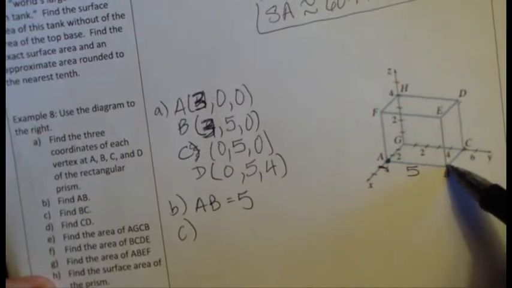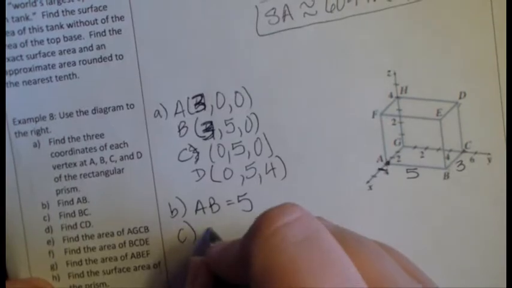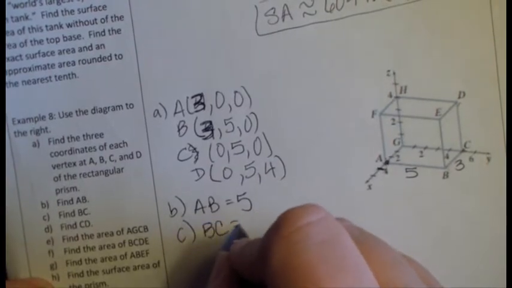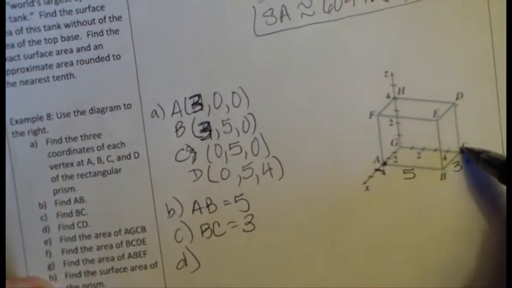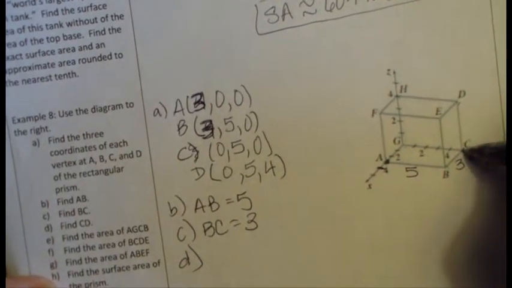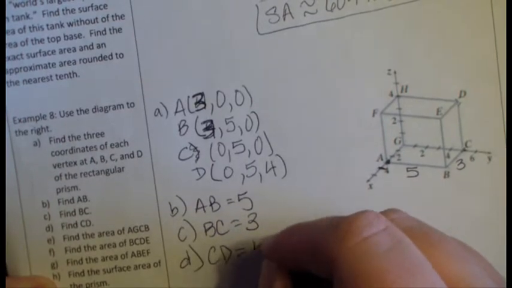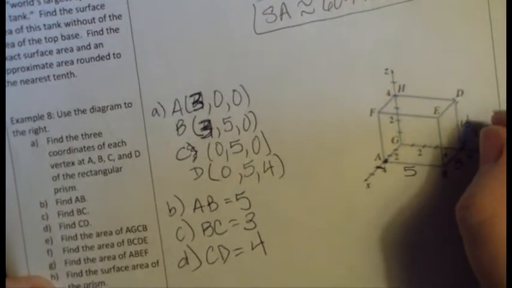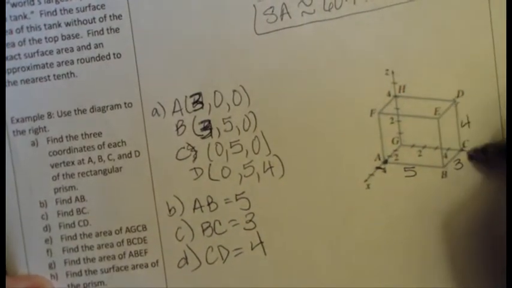BC, this length here, we go from 0 to 3, so it's 3 units long. So BC is 3. CD is right here, so we went from 0 to 4, so it's 4 units long. So that's 4. So now we know the base, we can find the base area, and we have the height.